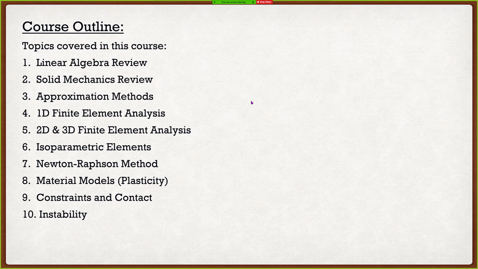So overall, from a finite element standpoint, the finite element method is very, very powerful because there are so many things that we can do with it. And that's why I love Abaqus, because no matter what situation you can think of, you can model it in Abaqus, which is going to be the goal at the end of this course.